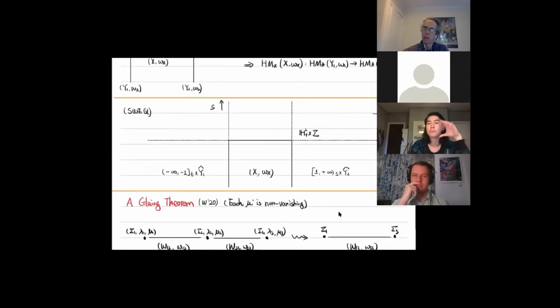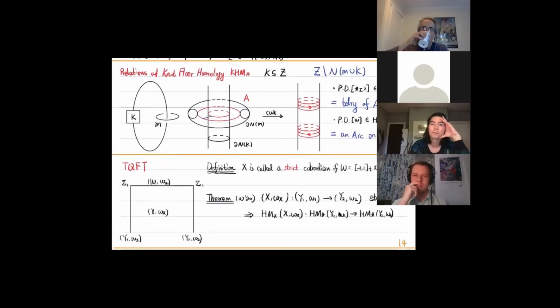The natural question to ask would be, if you have a cobordism from one manifold to another with a knot and a surface that bounds the two knots, what do you get in this picture if you start with that? Do you get some maps?